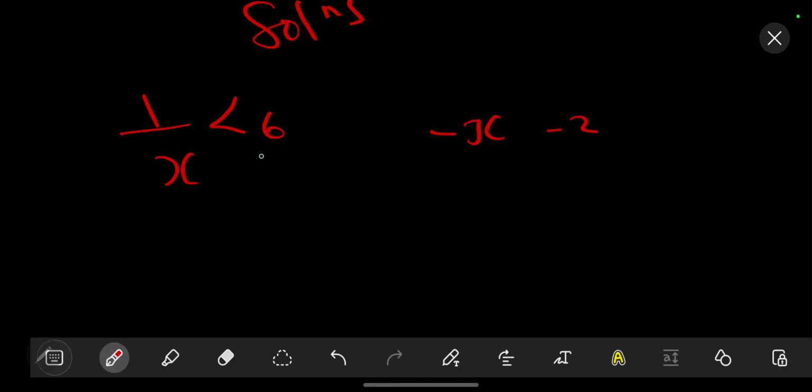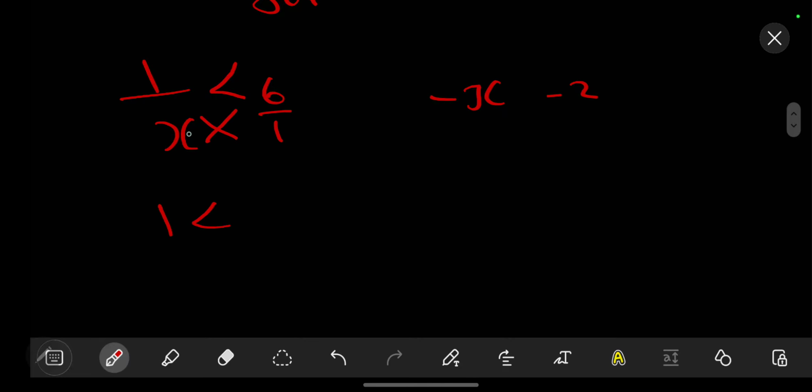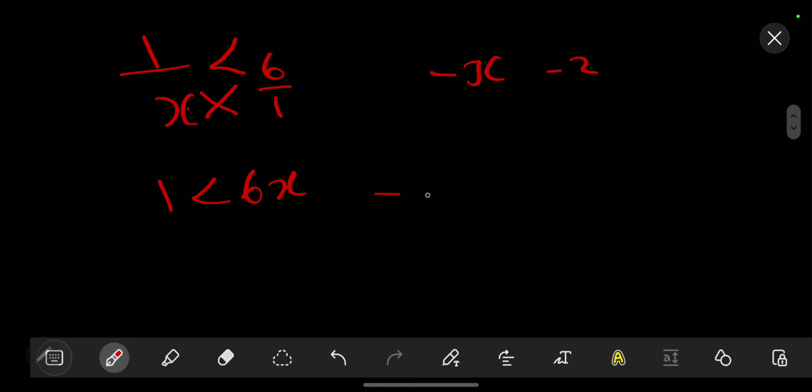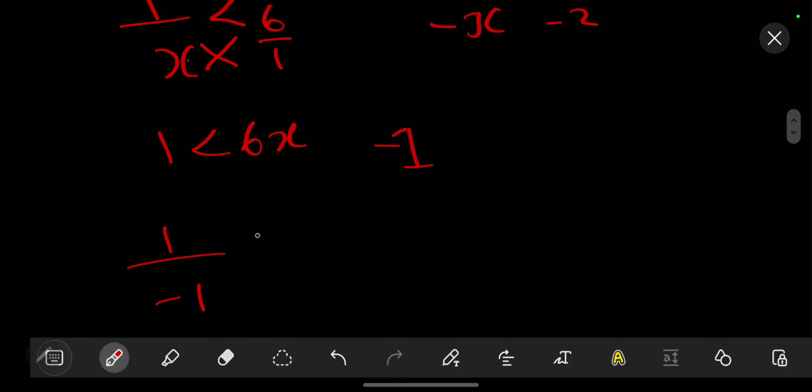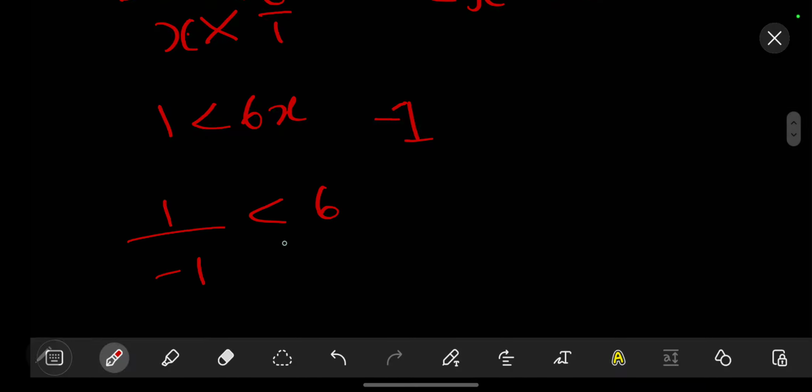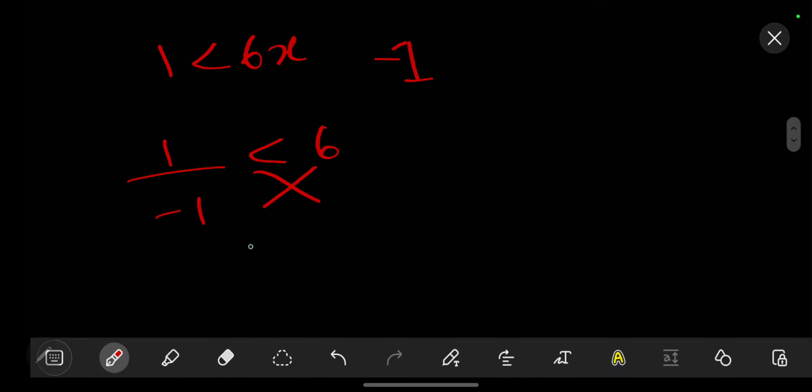So let's say you want to cross multiply and say that 1 is less than x times 6, which gives you 6x. This might not be true because we don't know the value of x. If, for example, x is equal to negative 1, then we have 1 over negative 1 should be less than 6. But immediately we do this, we are multiplying by a negative, so the sign will change.